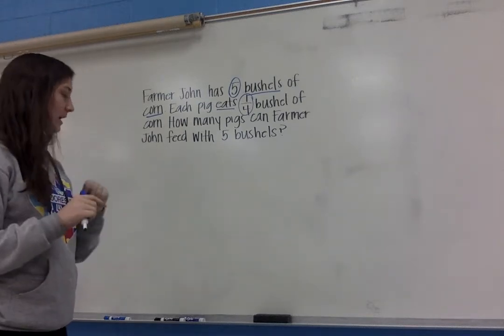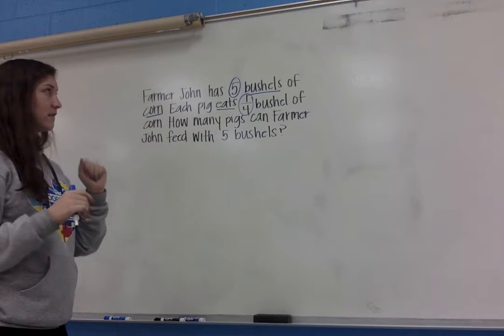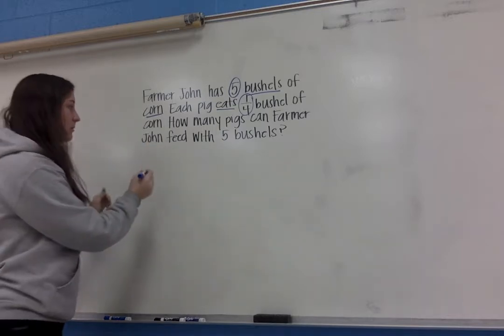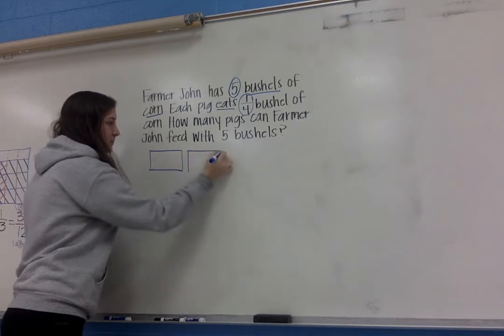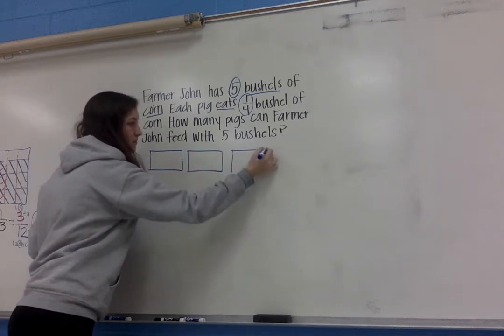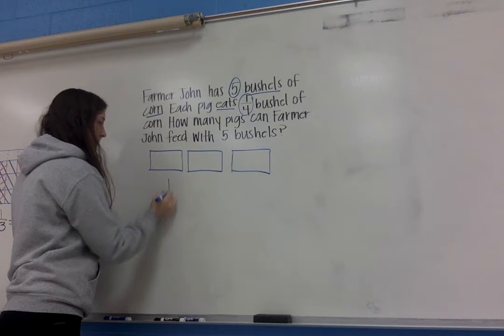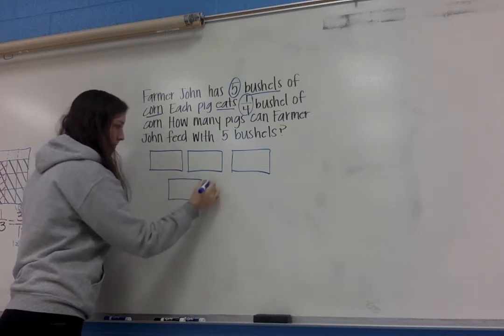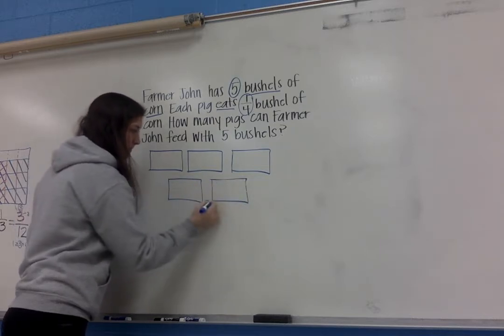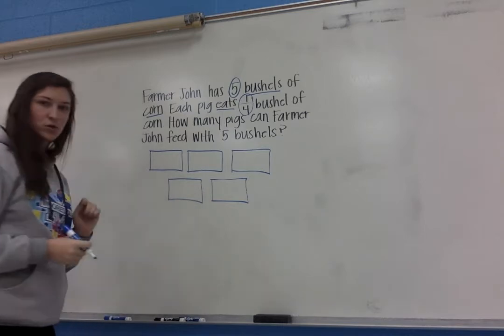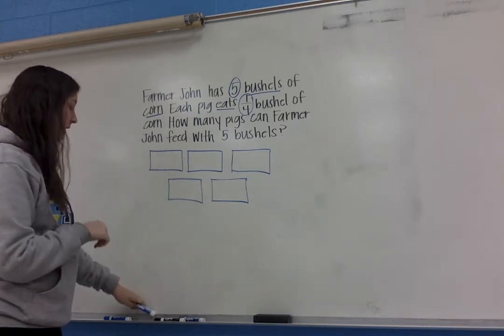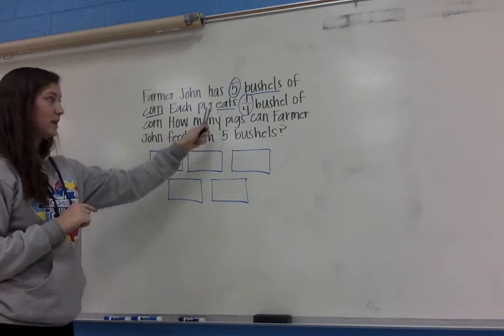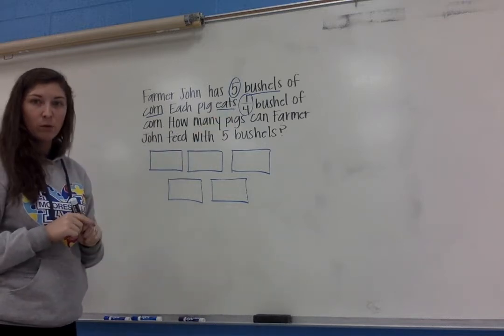Okay, I know that he has 5 bushels, so that's what I'm going to model out first, my 5 bushels. So here are my 5 bushels of corn, and I know that with these 5 bushels, each pig eats 1/4.